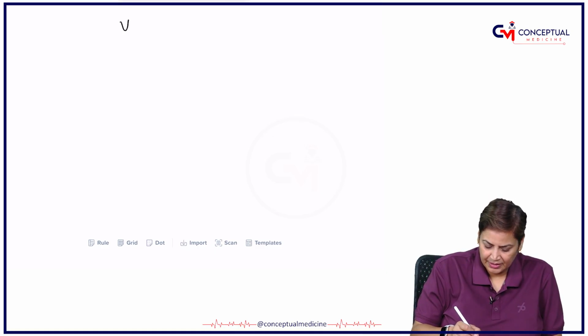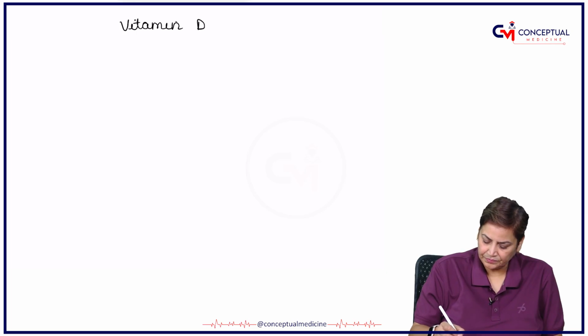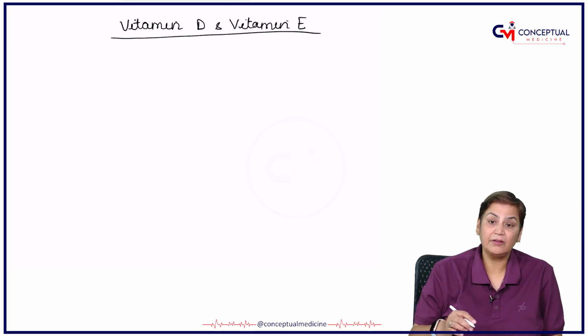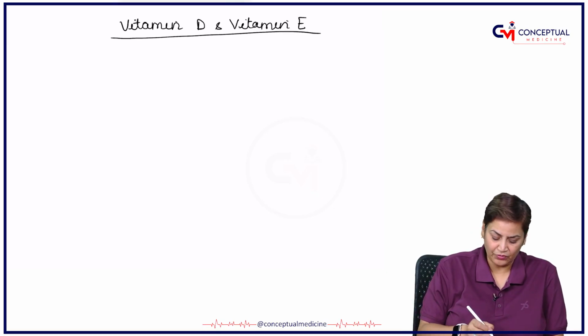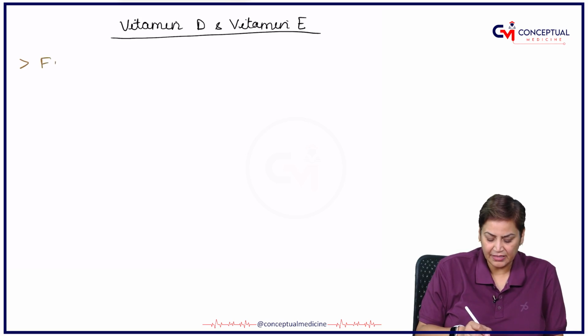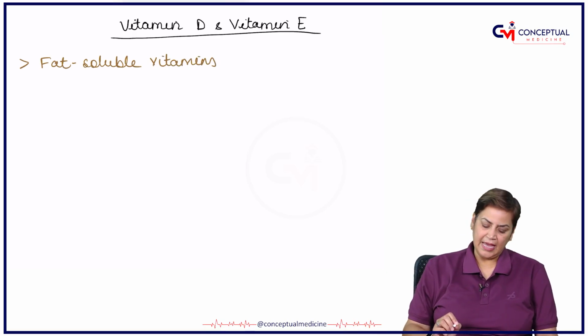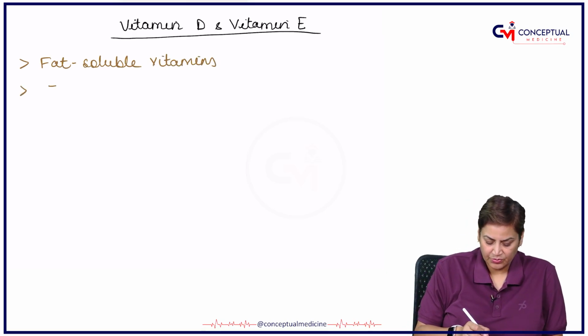So, first of all, the most important feature common to both of them is that they are fat soluble vitamins. And obviously you can say they are transported by a protein.